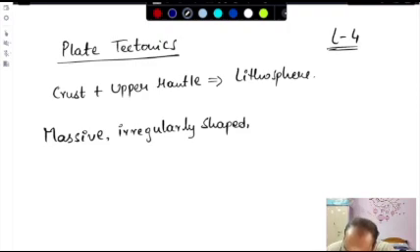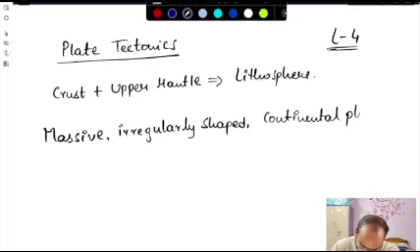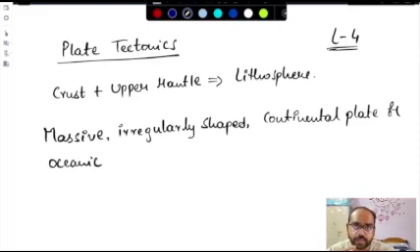Okay, it can be either continental plate or oceanic. If a plate contains contents that are more of a continent, then it is called a continental plate. If it contains those contents which are more of oceanic contents, then it is called an oceanic plate.